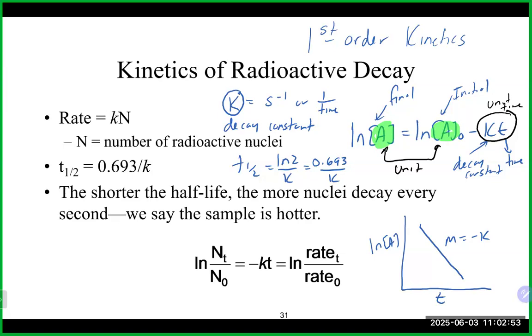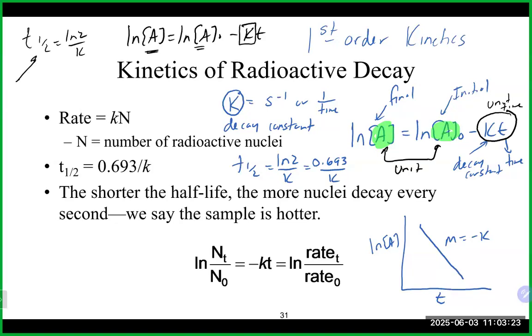Now, maybe more so than we did in kinetics, you oftentimes will use both of these equations together. So very commonly, you do need to use both of these equations together. The reason is maybe you're solving for this guy or maybe you're solving for this guy. But one of the things you will not be given a lot of times is the actual decay constant. What they will give you, because it's nuclear chemistry, is the half-life.